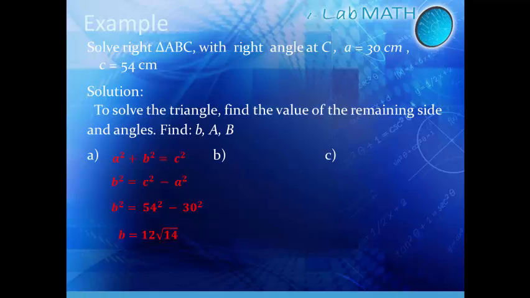We are going to find first the remaining side, which is side B, using the Pythagorean theorem, which states that a square plus b square equals c square. Looking for b square equals c square less a square. Substituting the value of c and a to the equation, b square equals 54 square less 30 square.